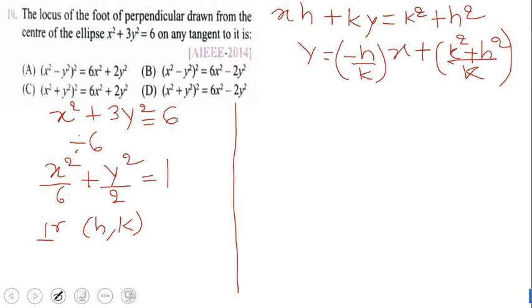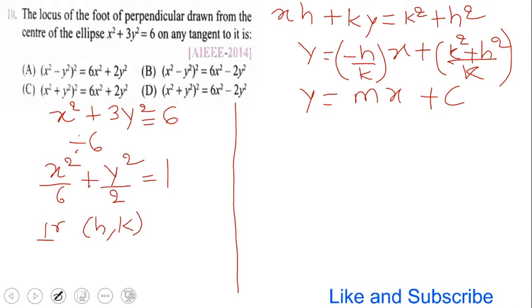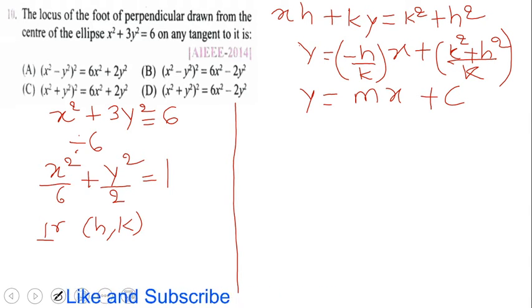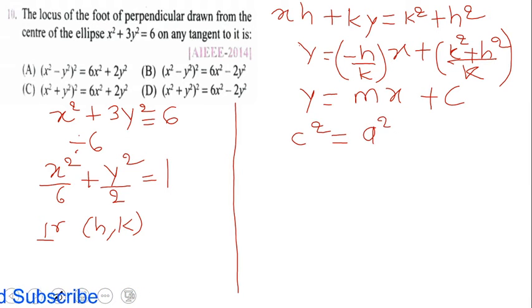Then further we will write the standard equation of a tangent, y equal to mx plus c. Comparing, I am writing c square equal to a square m square plus b square.